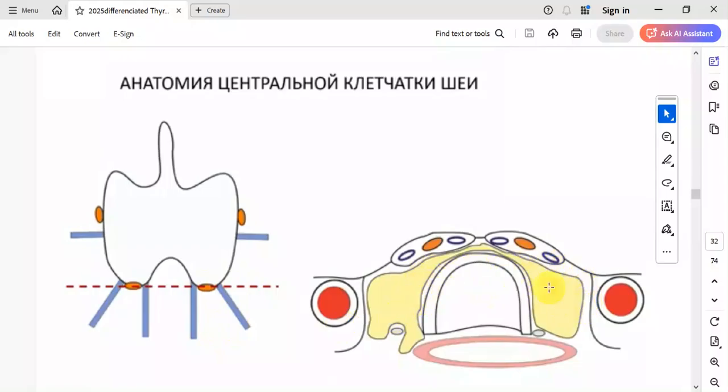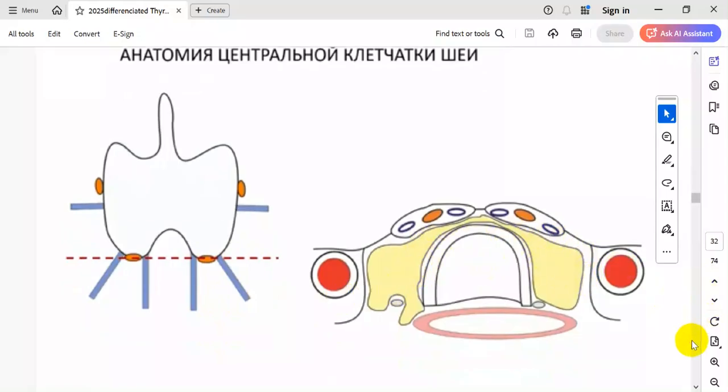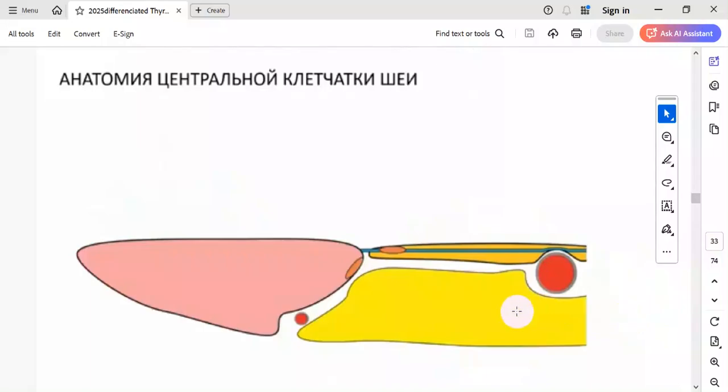So in lateral view here we say that this is the thyroid, this is the inferior thyroid artery, and this is the parathyroid gland, and this is the anterior mediastinum, this is the posterior mediastinum.